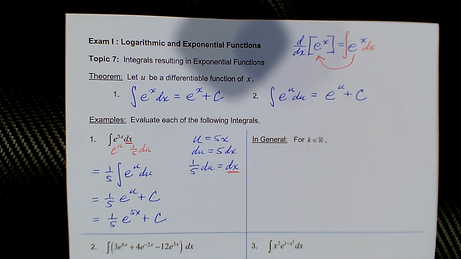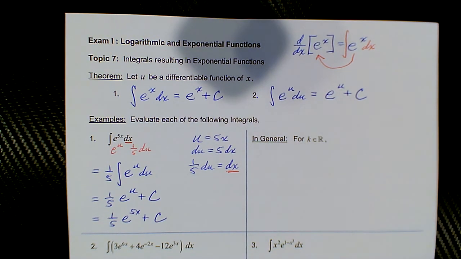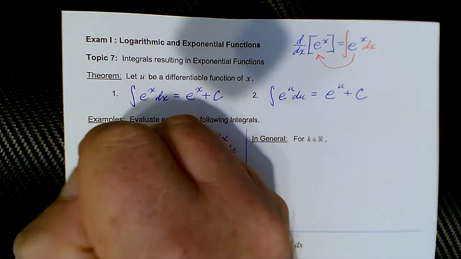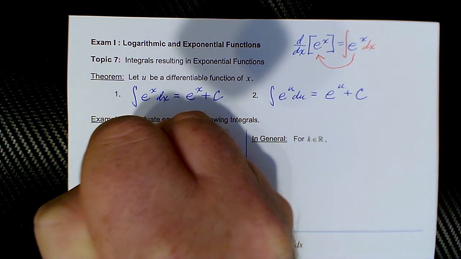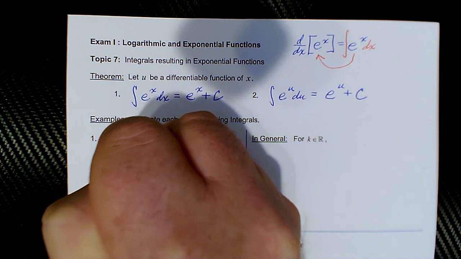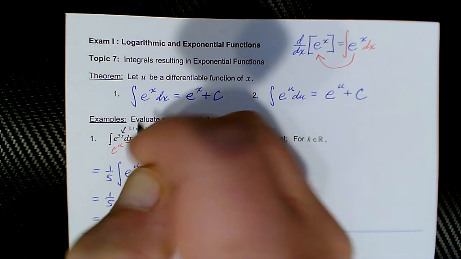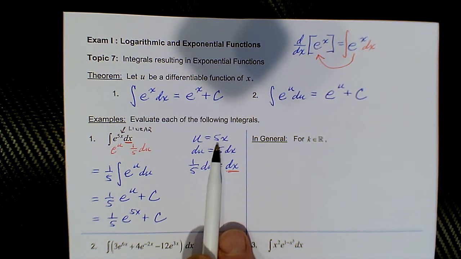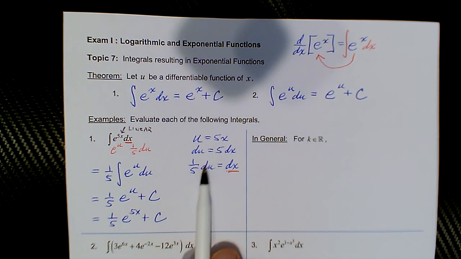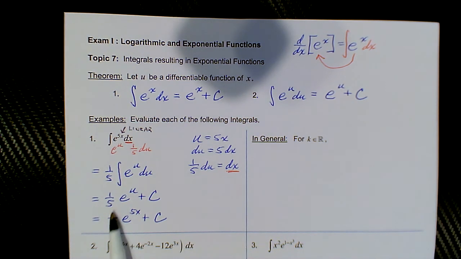But this is a very special case because the argument, as I mentioned, is linear. So the 5x, that's a linear argument. And if we have a linear argument, just think of the situation where maybe instead of a 5, this is a 7. Well, the only thing that's going to happen is all of these 5s become 7s.